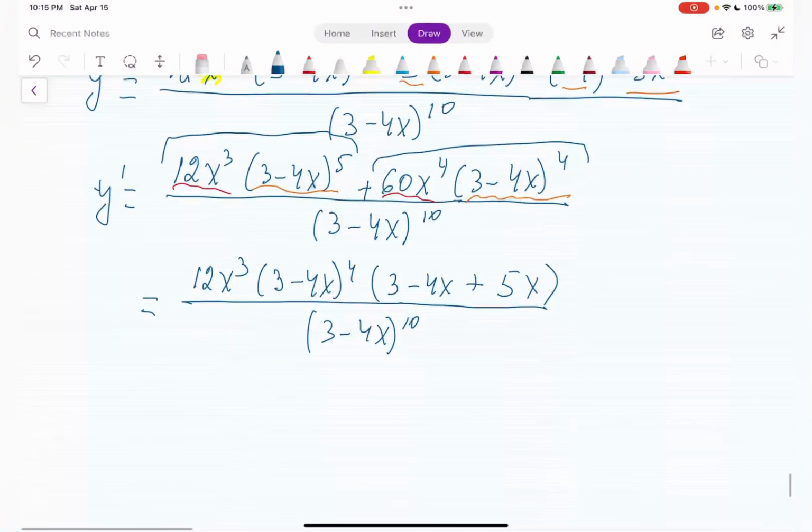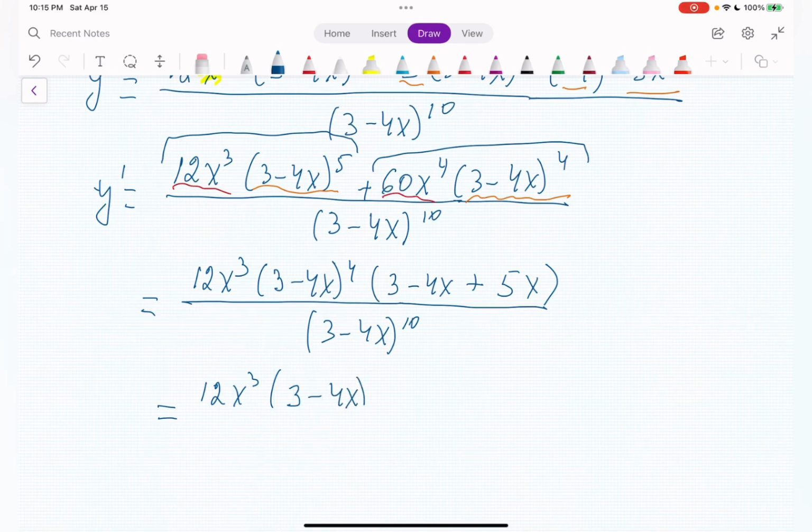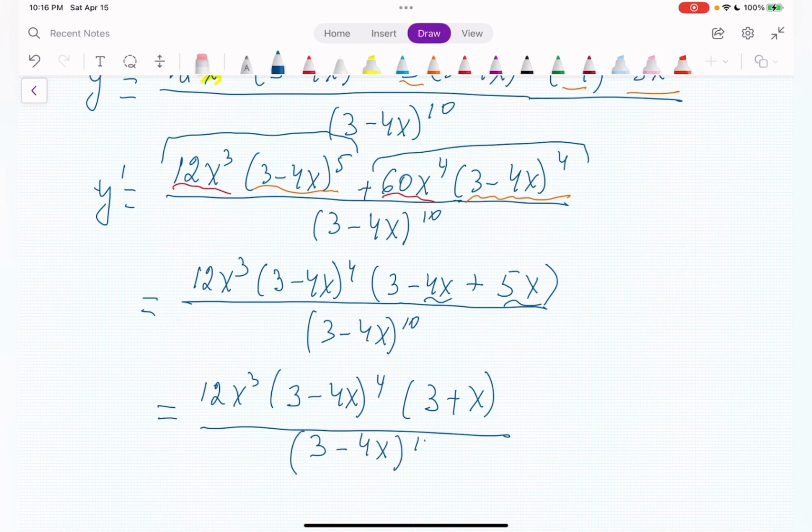And from here, 12x cubed, 3 minus 4x to power 4. And we get 3 minus 4x plus 5x, which is 3 plus x, and divided by 3 minus 4x to power 10.